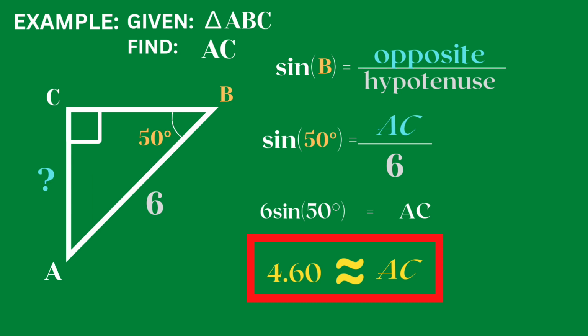And after that, multiply both sides by 6 to cancel 6. So 6 sine 50 degrees is equal to AC. And then evaluate the equation using a scientific calculator, and you will get an answer of 4.60, and that is the value of line AC.